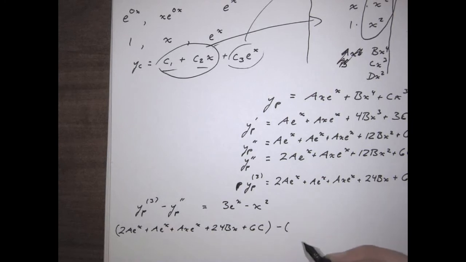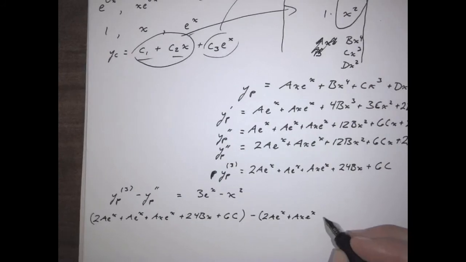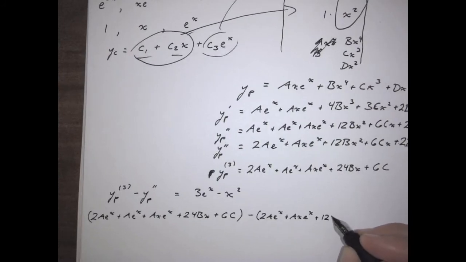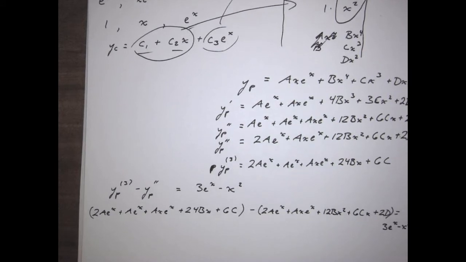That all minus the second derivative, 2a e to the x plus ax e to the x plus 12bx squared plus 6cx plus 2d. That's all equal to 3e to the x minus x squared.